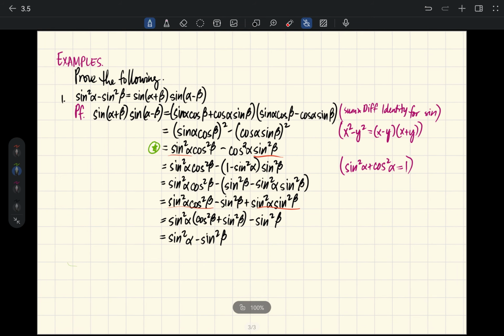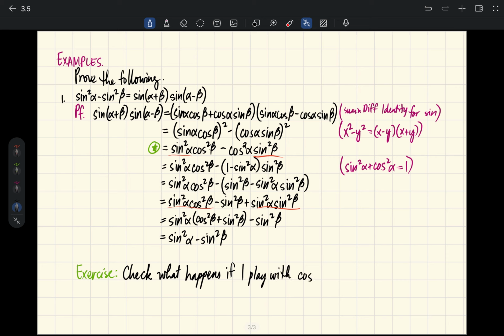As an exercise, try to check what happens if I play with cosine squared beta in star. Are we still going to obtain the same result, or will we obtain some different identities?